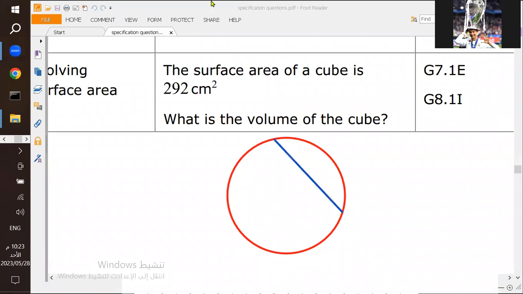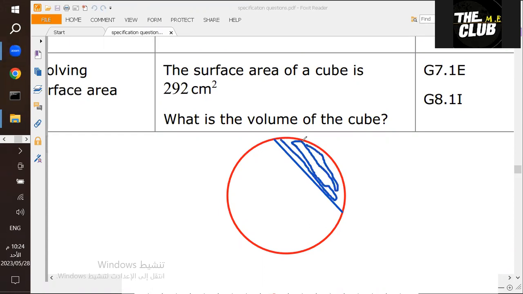The diameter is a line that touches the center while going from the circumference to the circumference. But the chord doesn't touch the center. Now, the segment is the area that the chord covers. For example, this one. This is the segment. It's created by a chord.